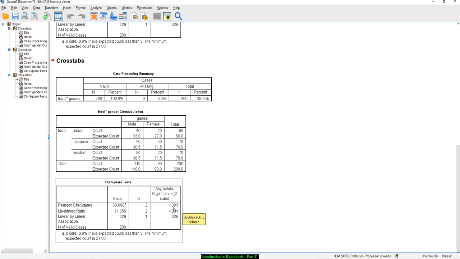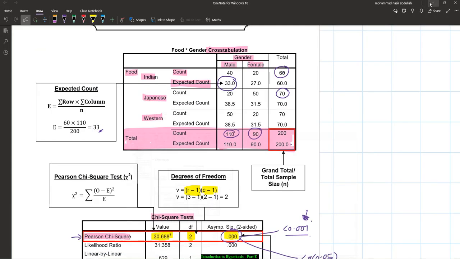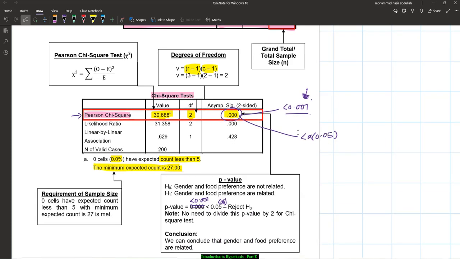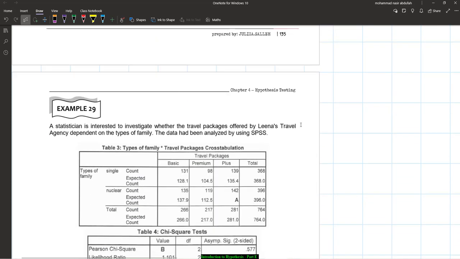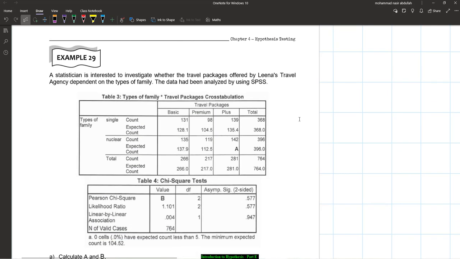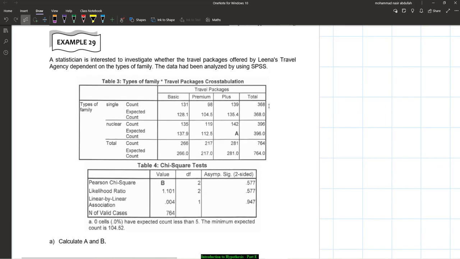It will show less than 0.001. This is the correct way to present the p-value. So I hope you understand. If you don't understand, you can replay this lecture video.